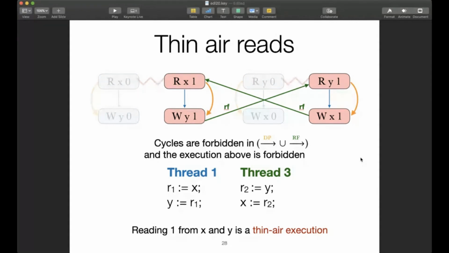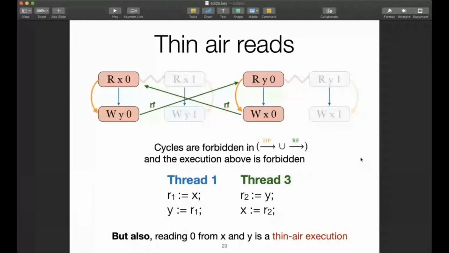I do want to point out one other thing about this program. So we don't have an init in this program. So there's nowhere sensible to read x0 or read y0 from. The only place we can do that for this fragment of a program is from these later writes of 0. And that has the same problem as the other program, the execution where we read 1.